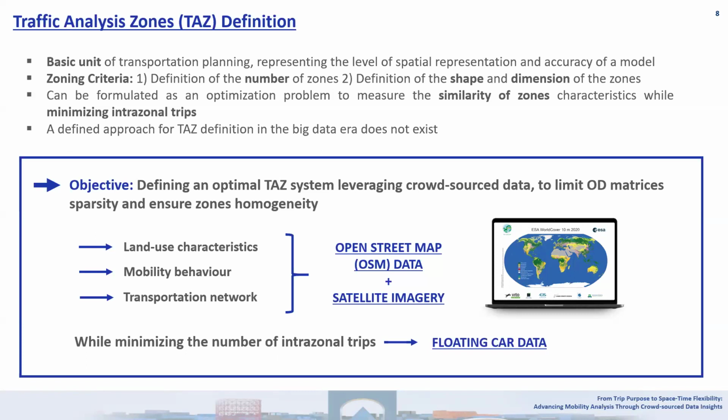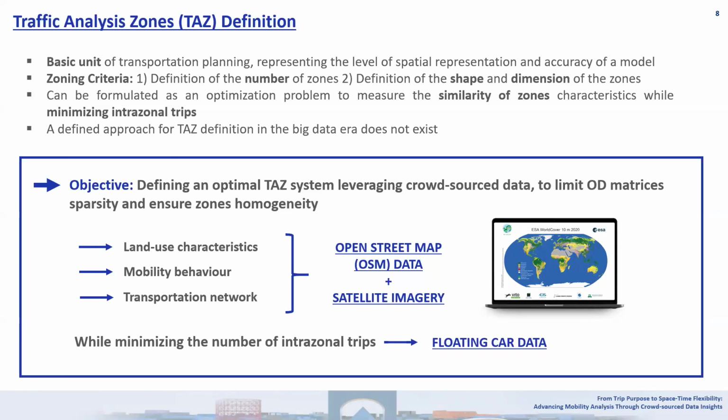Moreover, as we mentioned in the first section of our presentation, we have access to a lot of data that can give us insights about land use, mobility characteristics, and activity characteristics of the area that we are studying. And a defined approach to traffic zoning in a big data era does not exist yet.